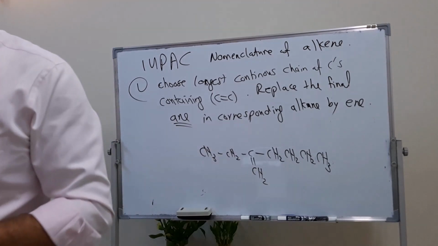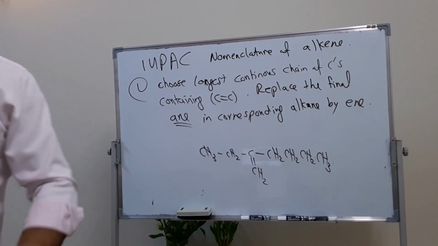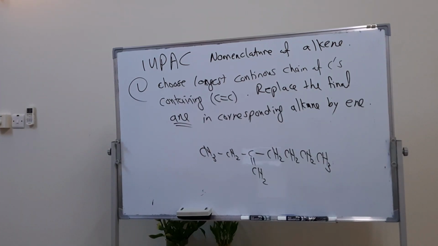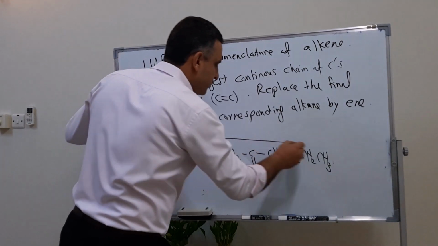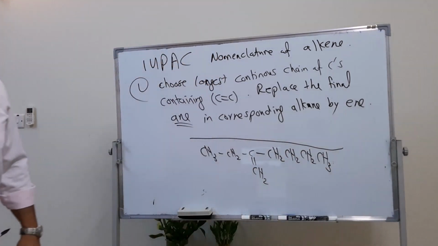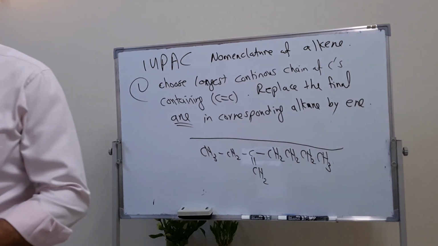So in this example, what's the longest continuous chain of carbon atoms? What's the length of the continuous chain of carbon atoms? 7. Do you follow me? As Mazen said it's 7, which is simply these carbon atoms, isn't it, Mazen? And Rihan said 7.